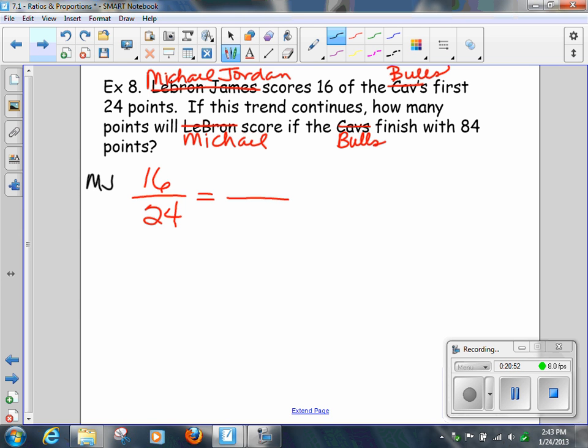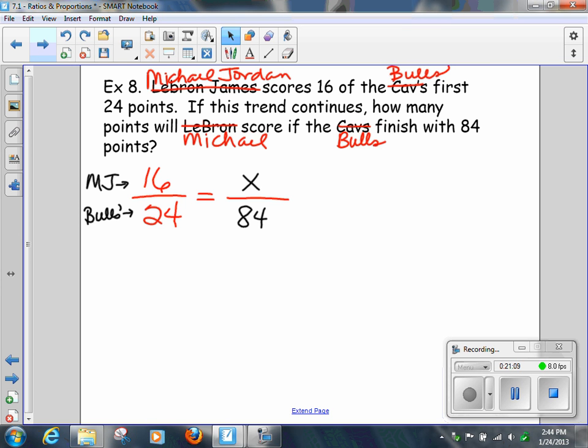This is MJ numbers, and this is the Bulls numbers. Think about that, because 84 points is not a lot in a pro game, right? He's going to score a whole bunch.